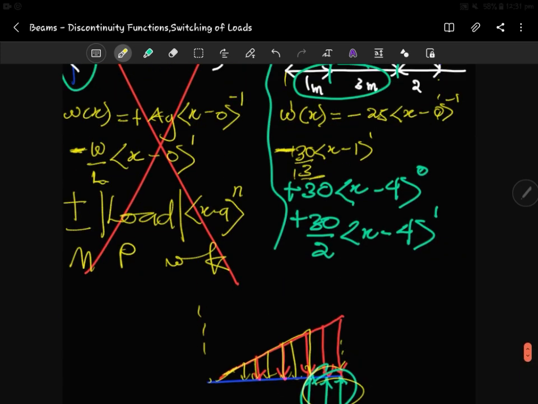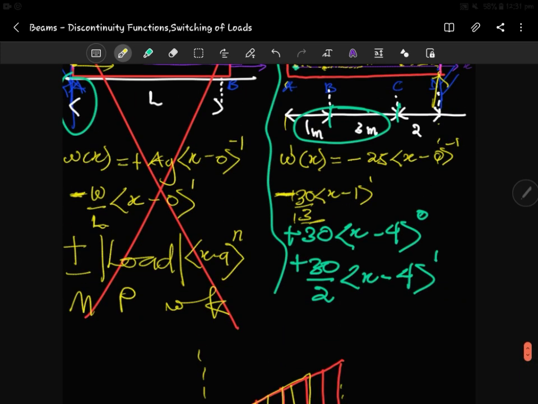The reaction is up, so that will be plus dy, direction, magnitude, Macaulay bracket x minus what? Where does it start? Here, so that's 5 plus 2, which makes it 7. And it's a point load, so that's exponent minus 1. So that's it.